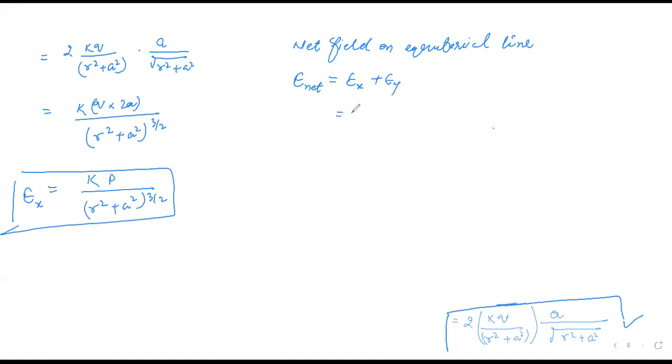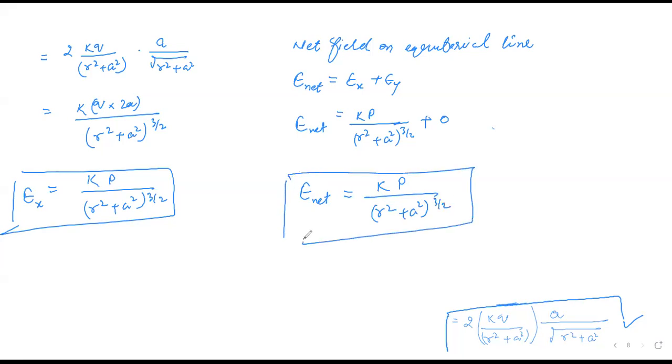What is the value of Ex which we have calculated here? It is kp over r square plus a square to the power 3 over 2, plus Ey is 0. Finally, the net field at P is kp over r square plus a square to the power 3 over 2. This is the net field at point P.